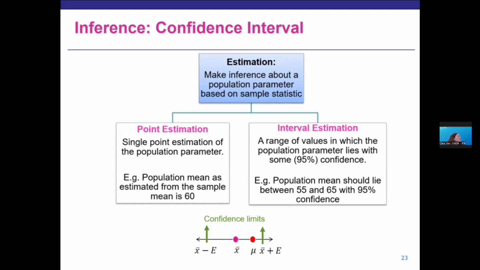So basically, what we do when we calculate, for example, the mean of a sample is a point estimation, right? For example, the population mean is estimated at 60, represented by this pink point in this figure.